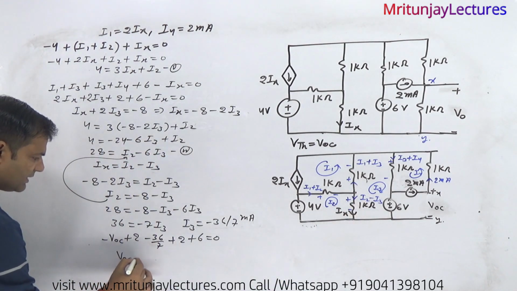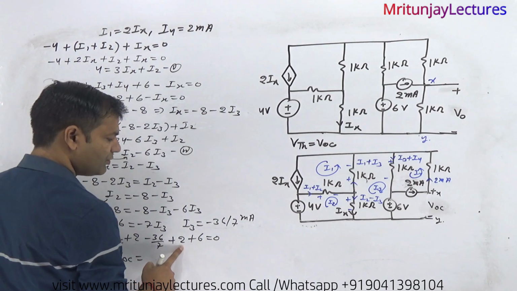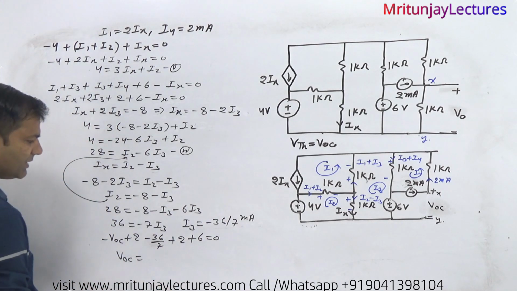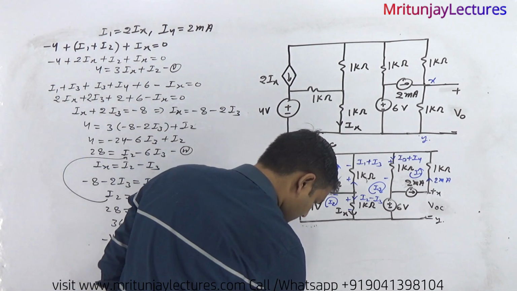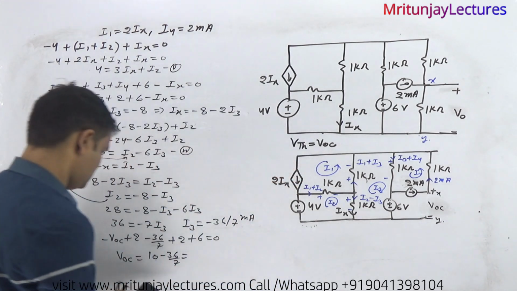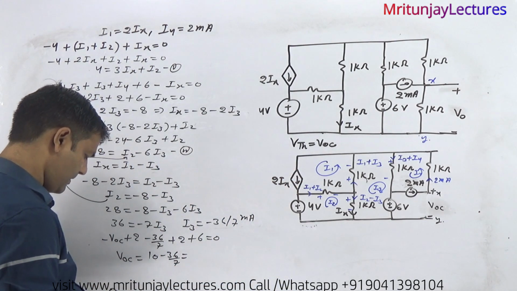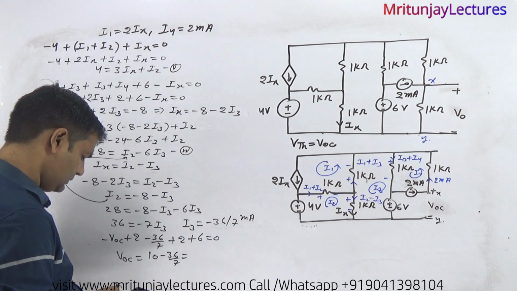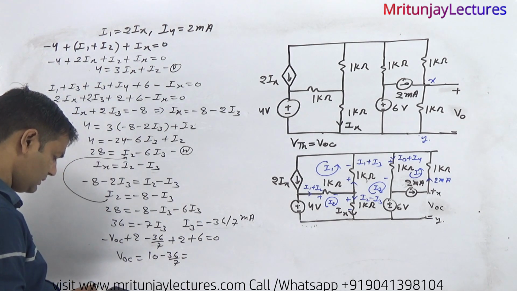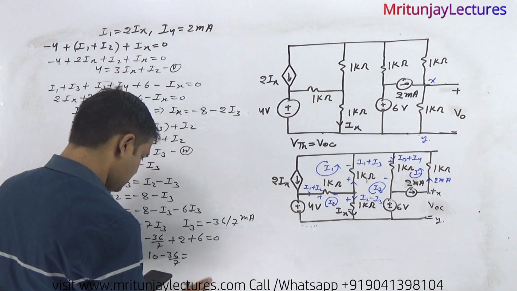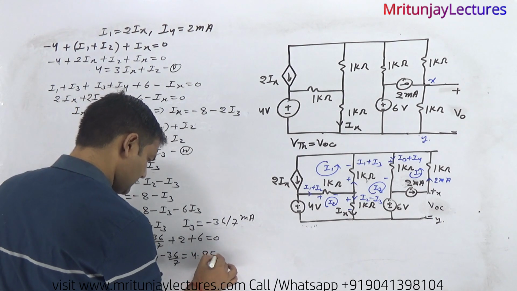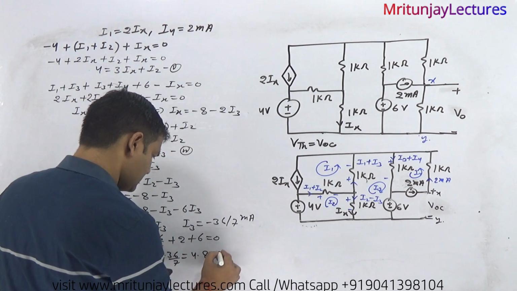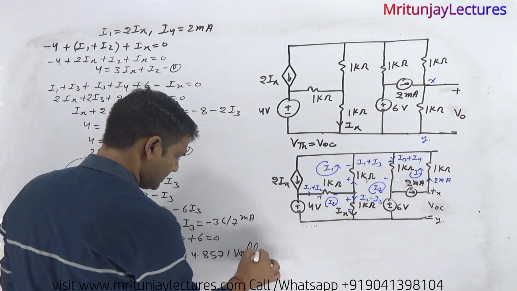So V of OC is written as 2 plus 2, 4, 4 plus 6, that is 10, 10 minus 36 by 7. 36 divided by 7 is 5 point something, and 10 minus that gives 4.8571 volt. That is V of OC.